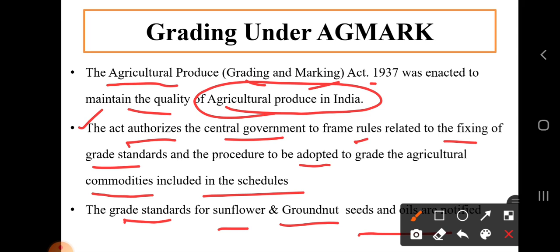So in case of all agriculture commodities, including oil seeds, we have this act, the Agriculture Produce Grading and Marking Act 1937. This act is a legal protection for all agriculture products, for the purpose of establishing the standards of oil seeds.